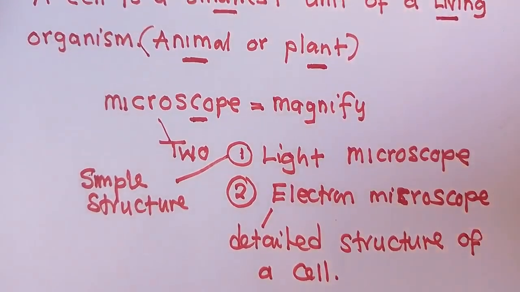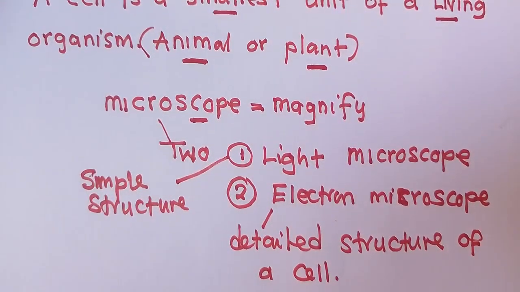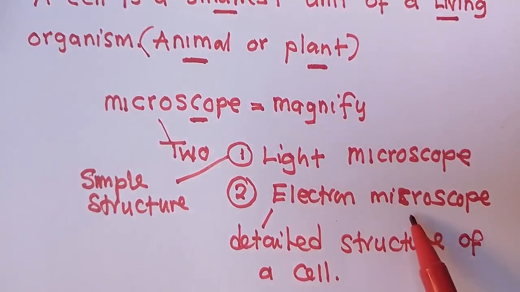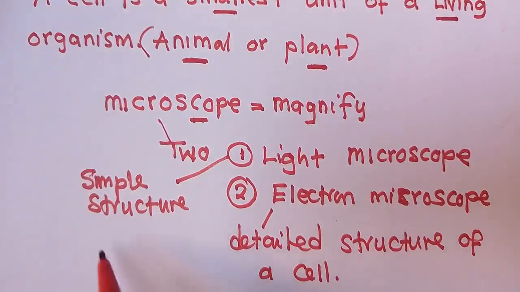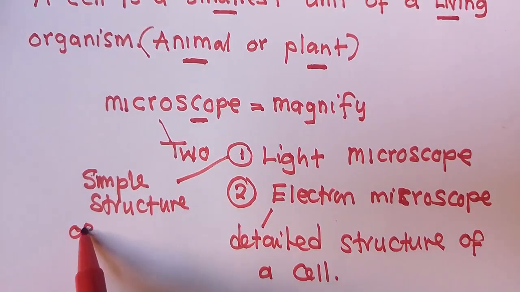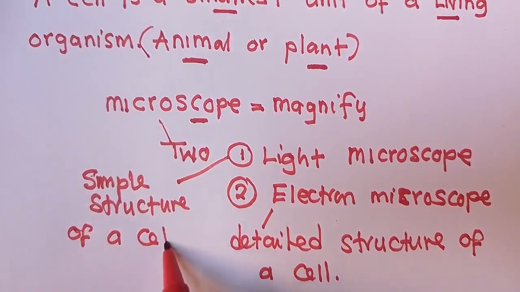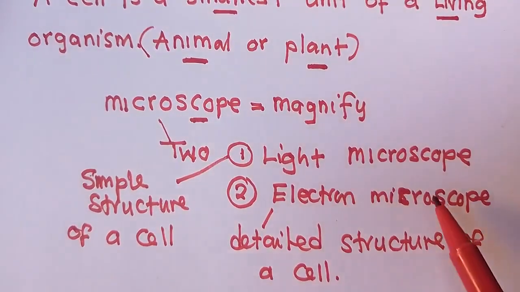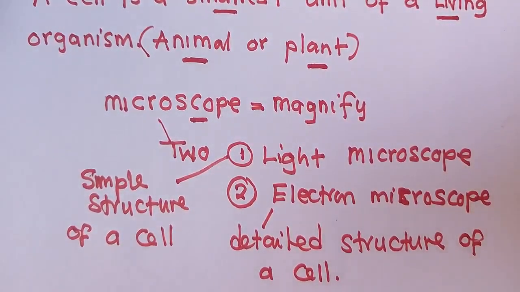So whenever you want to view a detailed structure of a cell, we use an electron microscope. But whenever you want to see a simple structure of a cell, we use a light microscope. These are the two groups of microscopes that you need to understand.